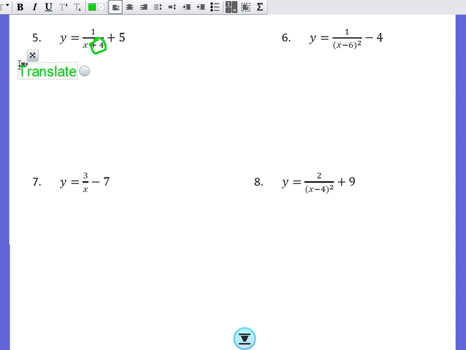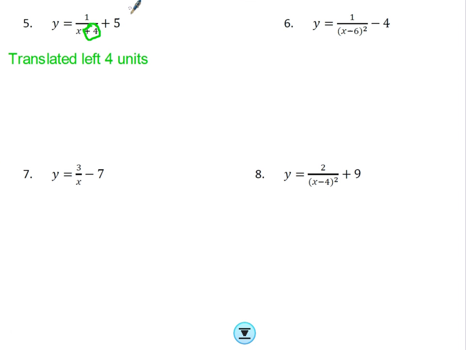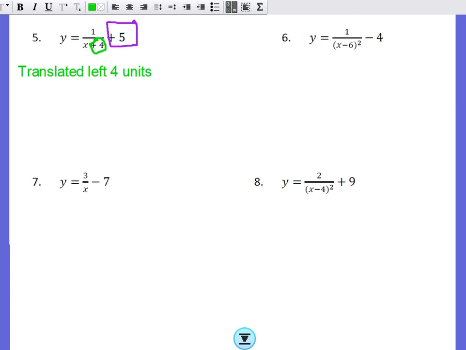So translated left 4 units. And then you've also got this +5 going on here. That is your k. If you are adding something for your k, that means that it's up. So this is translated up 5 units. So both of these together make your transformations for number 5.